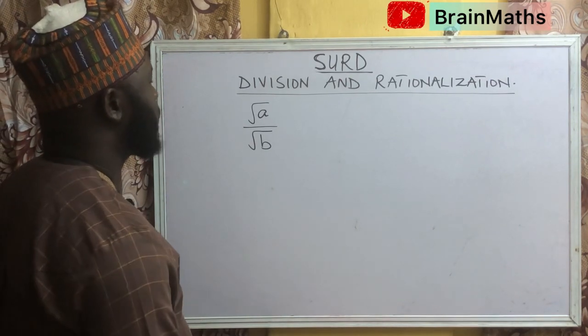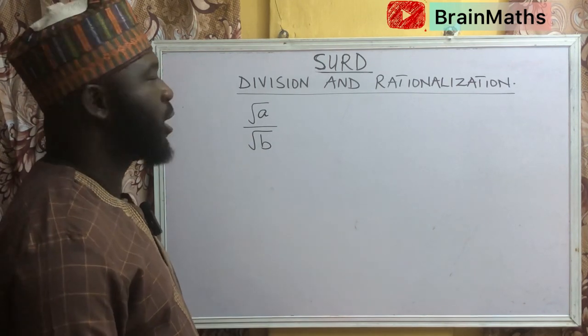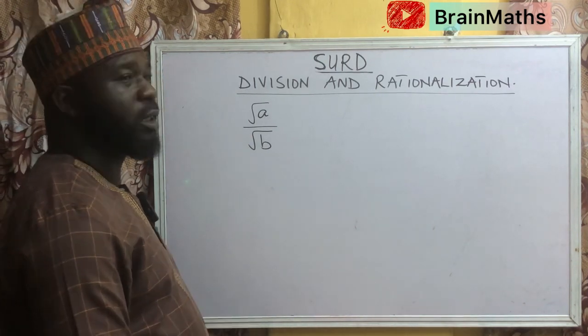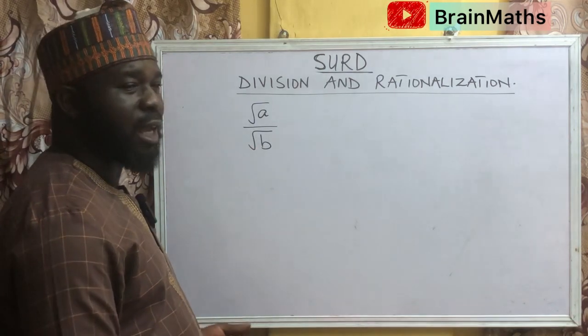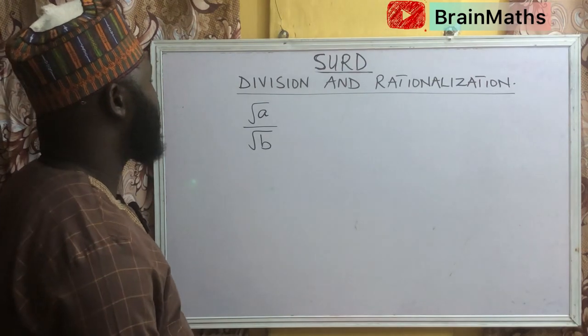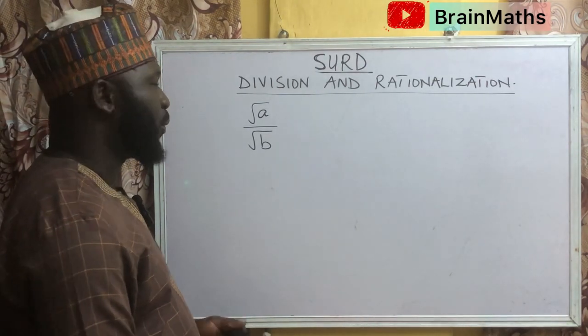And then, since we said from the beginning of this topic that we don't want to write an ambiguous answer, that is why we are being led to writing our answer in surd form.